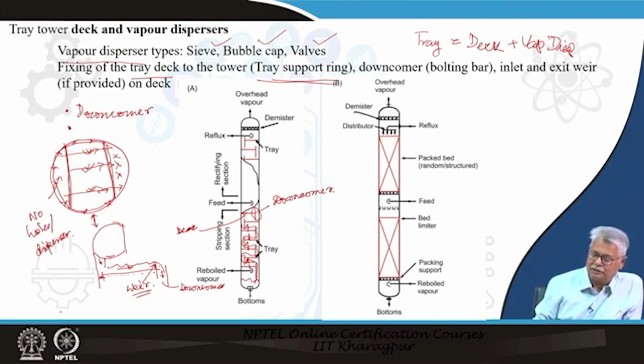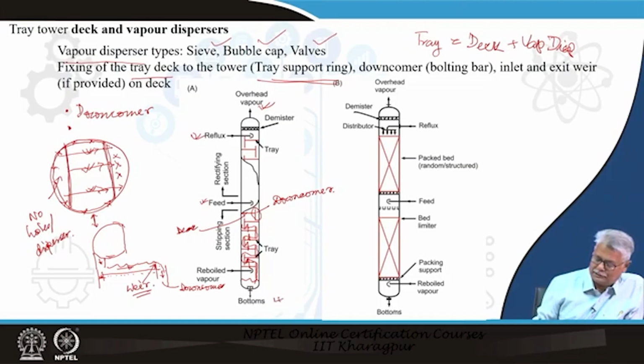So, this is what I wanted to show you earlier, and you will notice here that your tray will have quite a few connections. One is for your feed, definitely. The other is for the reflux, which is to be given on the top tray, tray number 1. There will be a nozzle which will be taking out the overhead vapor.